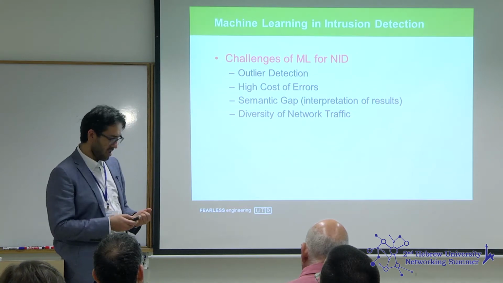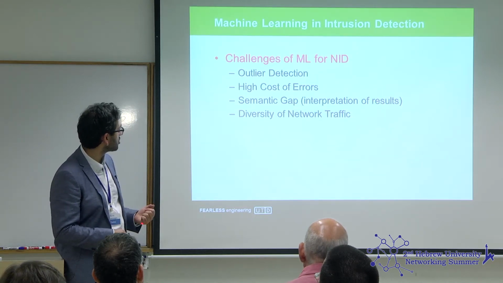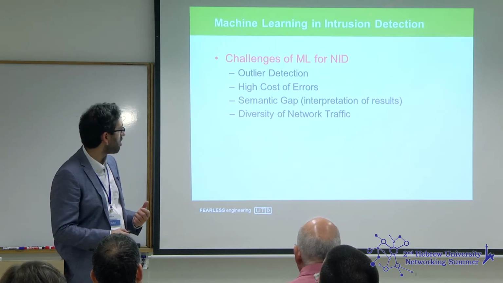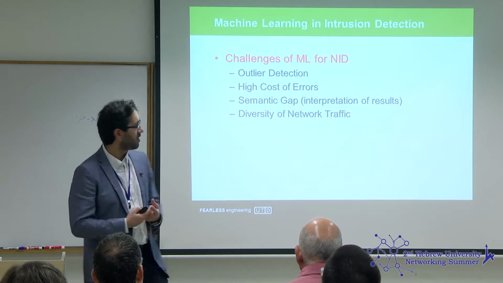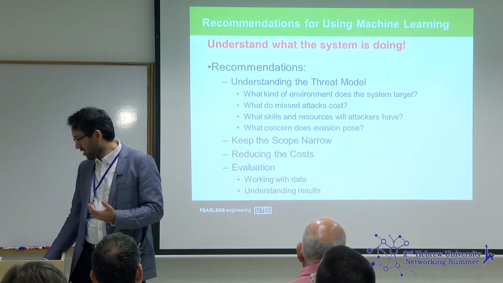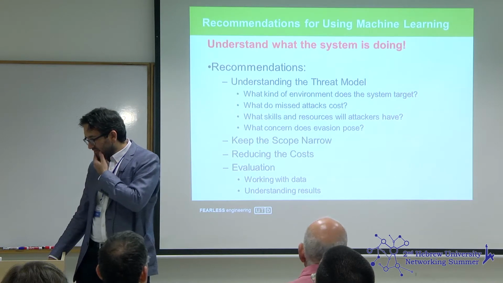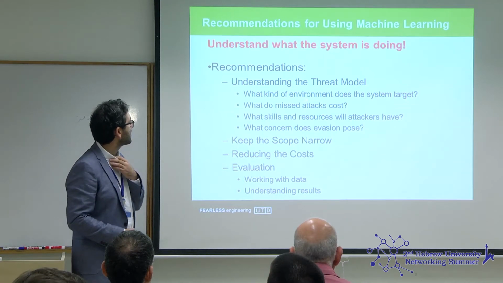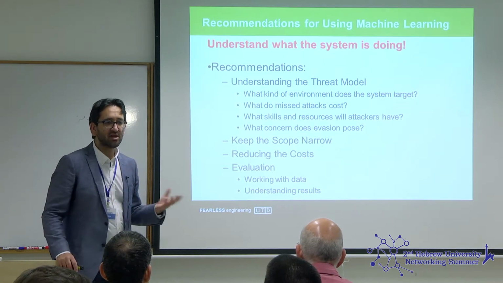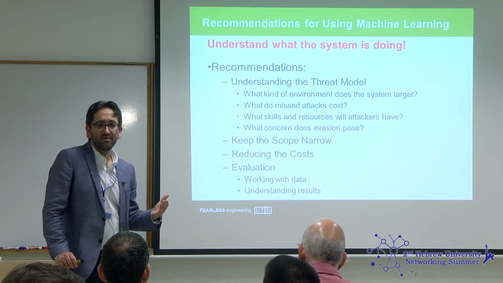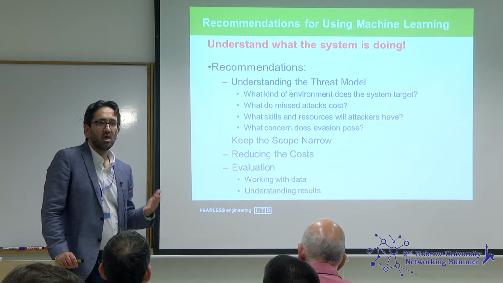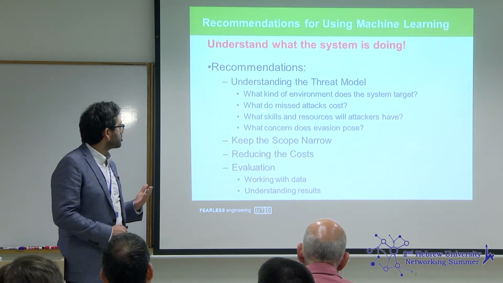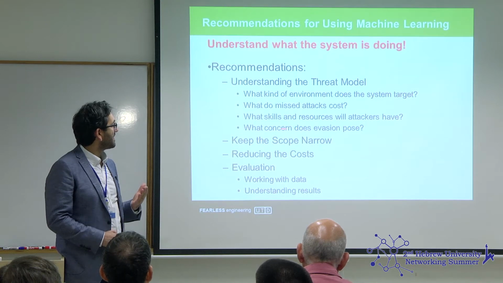And for network applications, there is also this diversity of network traffic that may make it harder to learn models if you apply machine learning. So this work suggests that understanding the threat model is very crucial. I think theoretical results also come to the same conclusion, which is that you need to know the attack cost, you need to know the attacker's skills, and so on.